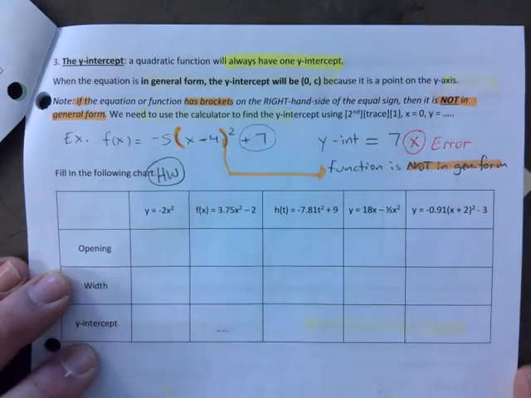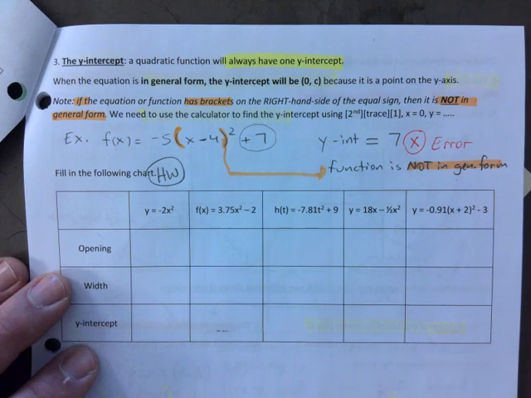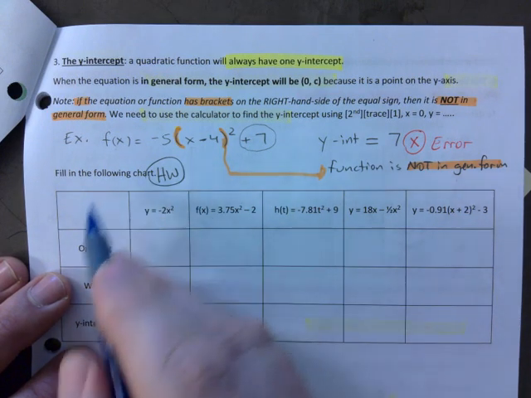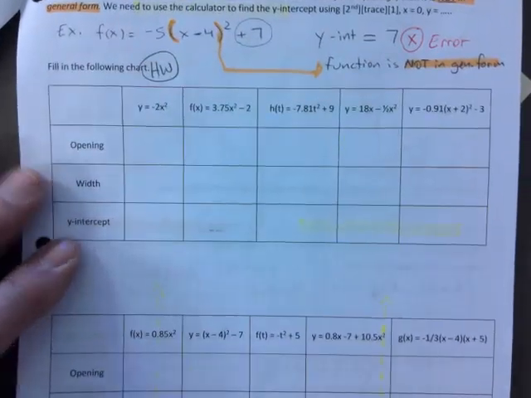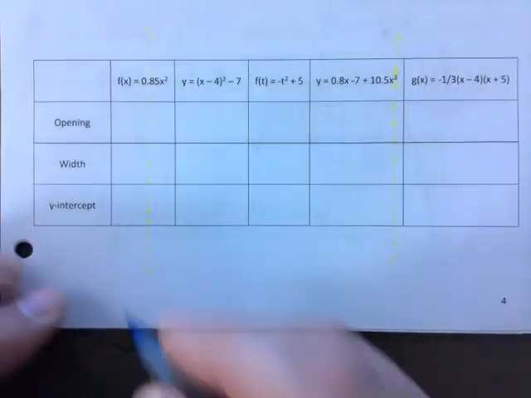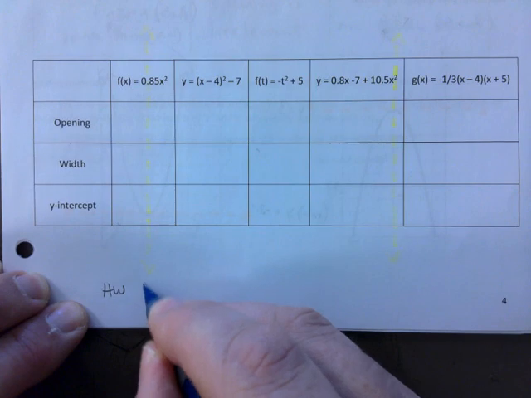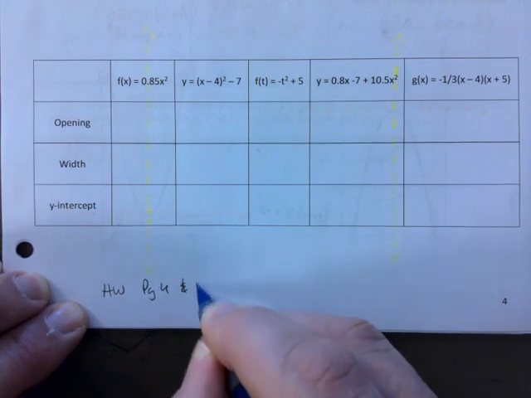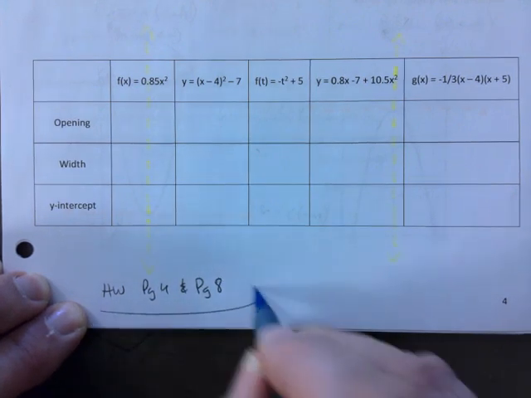And if you're like me, I don't like stuff all over the place. Maybe you just write it down somewhere on this page, right at the bottom of 4. You just say homework, page 4 and page 8. Okay.